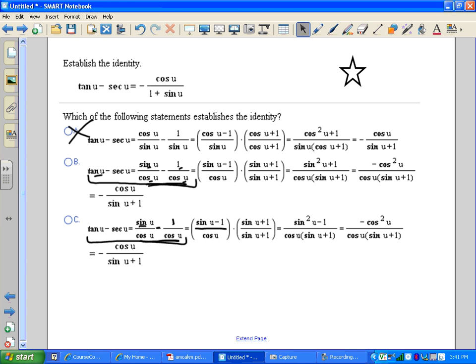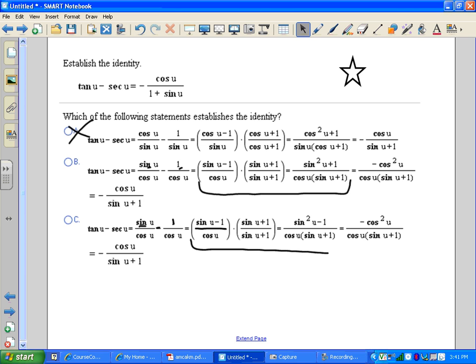So now we're down to looking at this idea from going from this step to this step. Now, this is what's sort of new to us in this problem. They're using a strategy here that I didn't introduce to you here, it's called a conjugate strategy. And so that strategy is to do this.